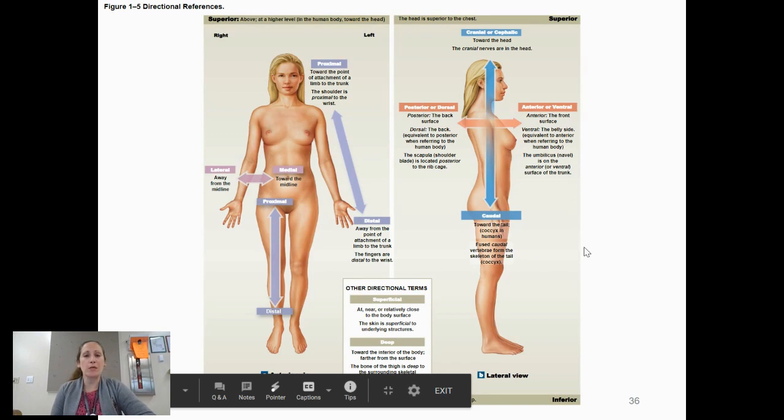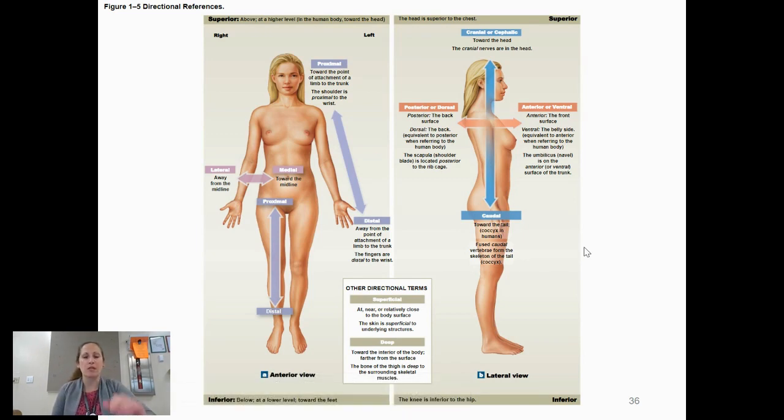Lastly here, we're going to take a look at some directional terms. As we move forward and continue to dissect things, hopefully in person eventually, but as we continue to look at different models and images and pictures, we want to be able to talk about different body parts in reference to each other. And so we use some terminology to do that.